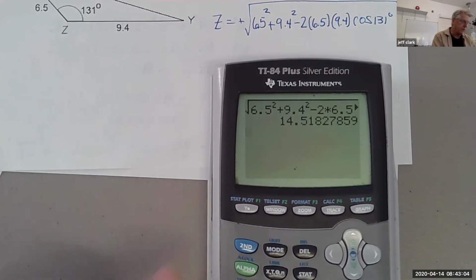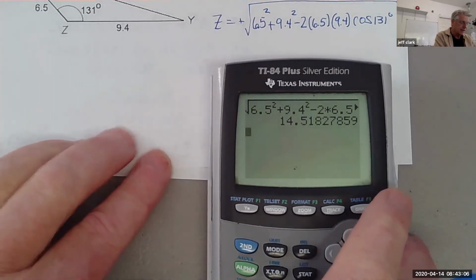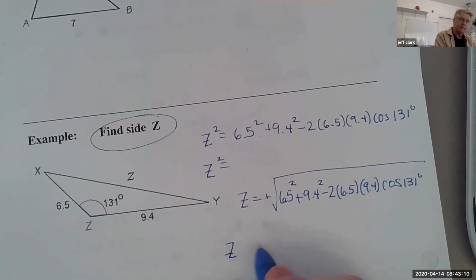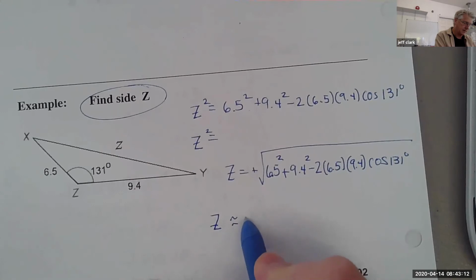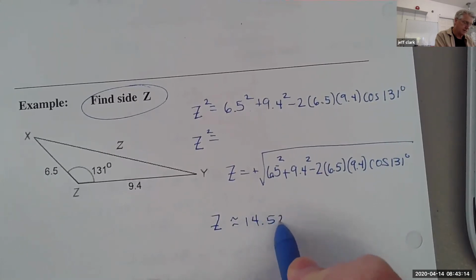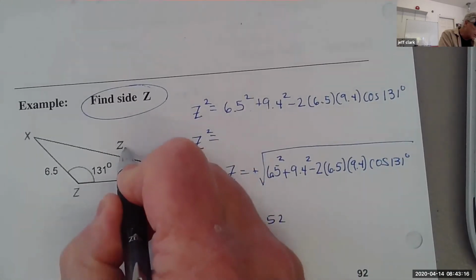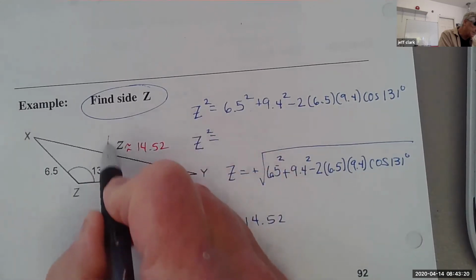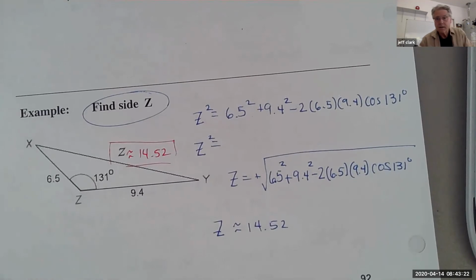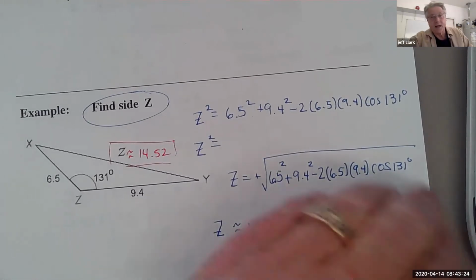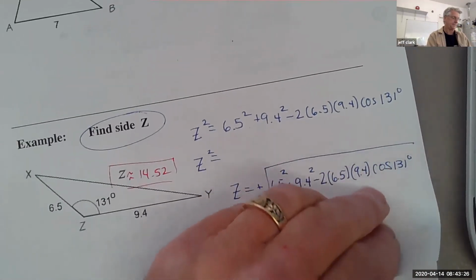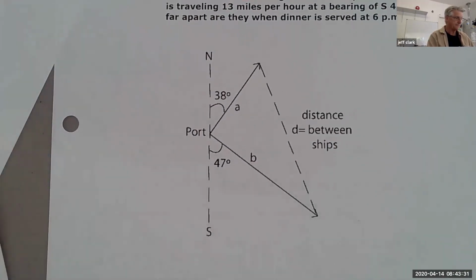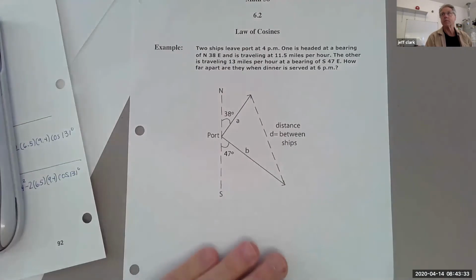Okay, 14 point, again, 2 decimal places, let's say 5.2. So this is approximately 14.52. Not hard, not hard. Okay, now the word problem, and then we'll be done.